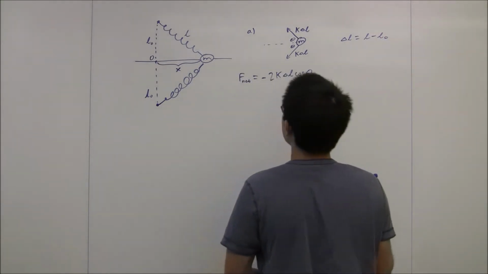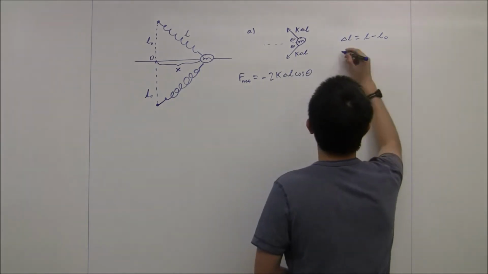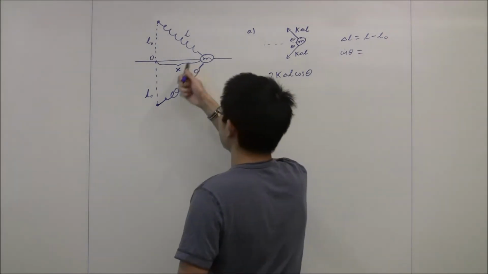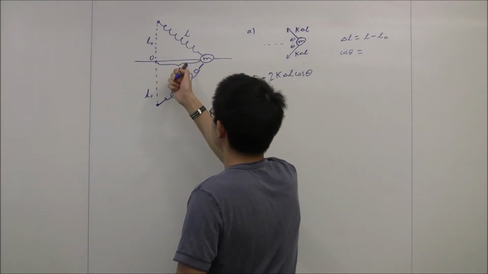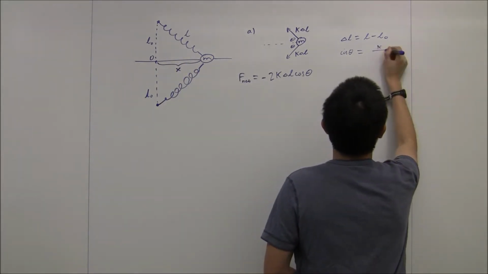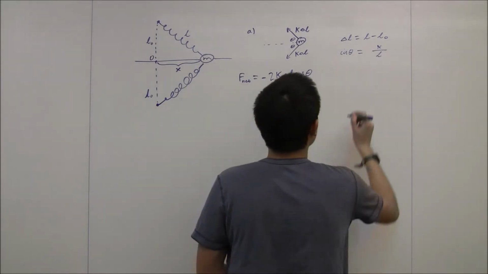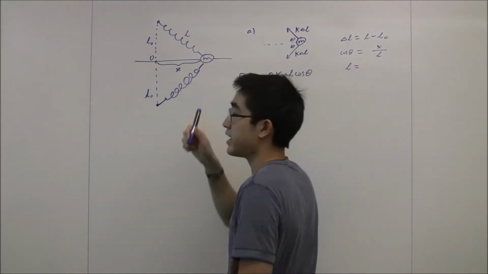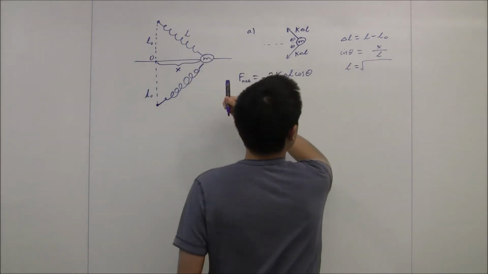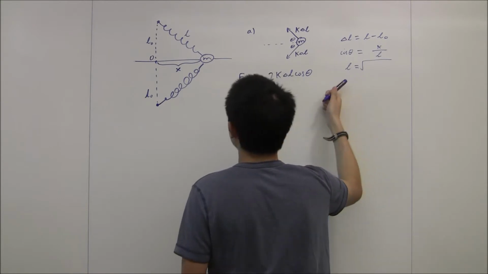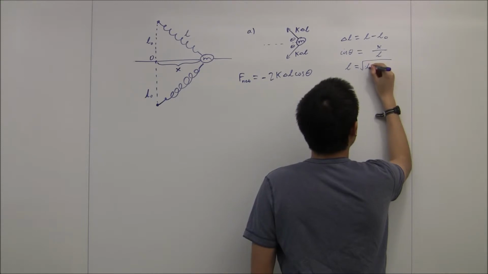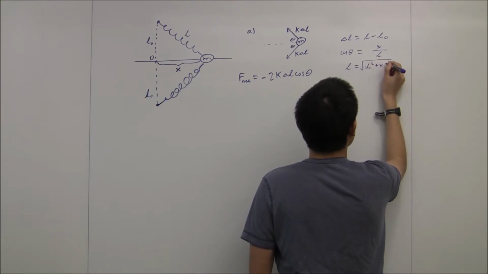And similarly, by geometry, cosine theta is just going to be given by the adjacent side, which is x, over the hypotenuse, which is L. Thus, it's going to be x over L. Now, L, using the Pythagorean theorem, is just going to be the square root of L0 squared plus x squared.